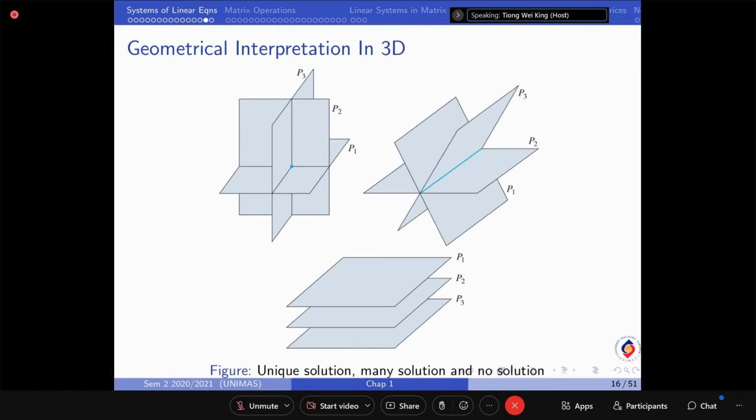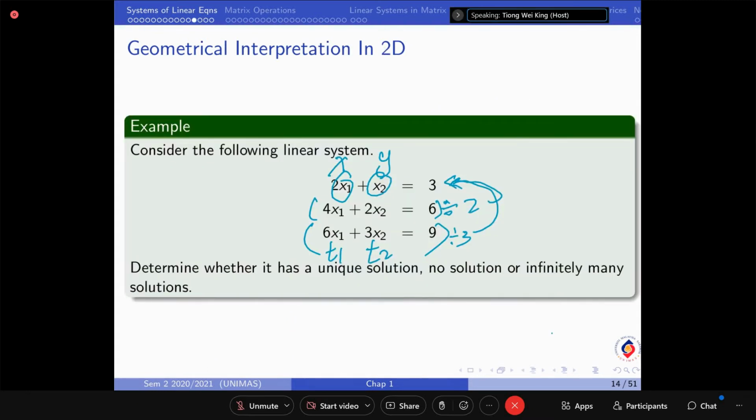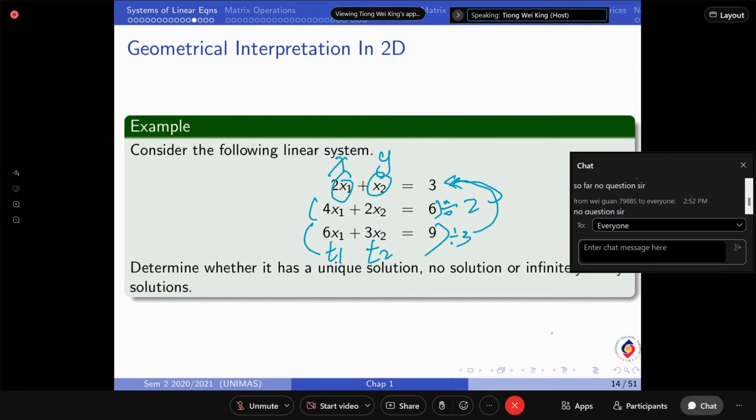Yes, if it is many solutions, you can just simplify and simplify. In the workflow, you show that you simplify, and then you get one equation only. Then it's many solutions. Okay.